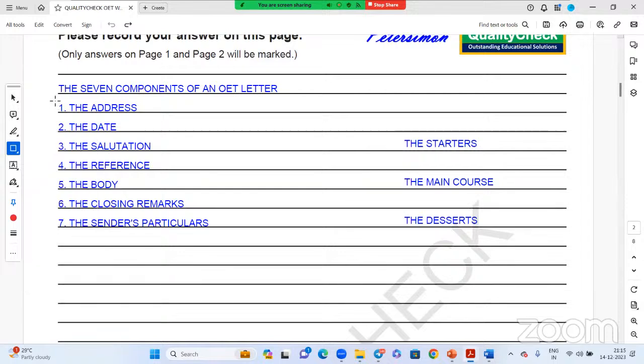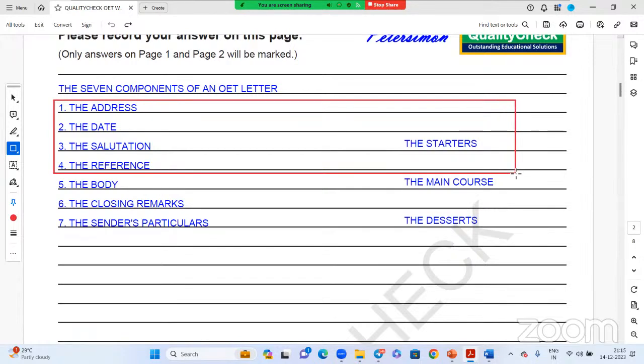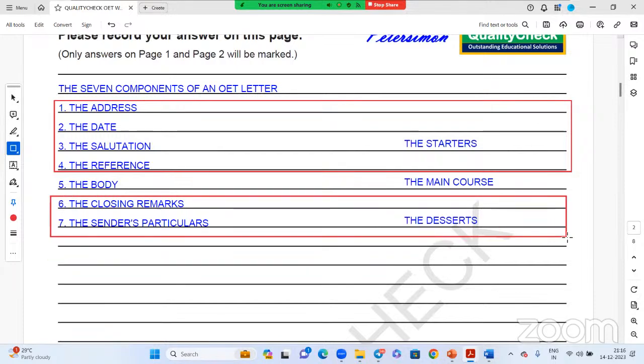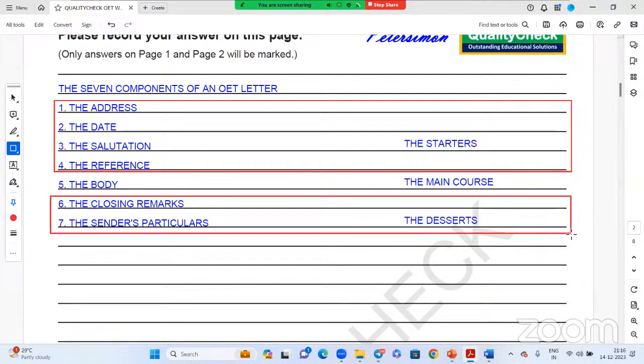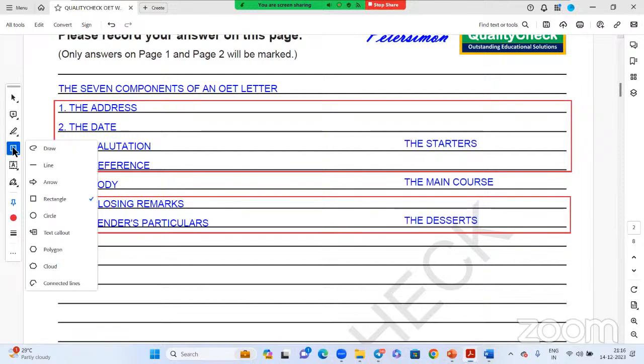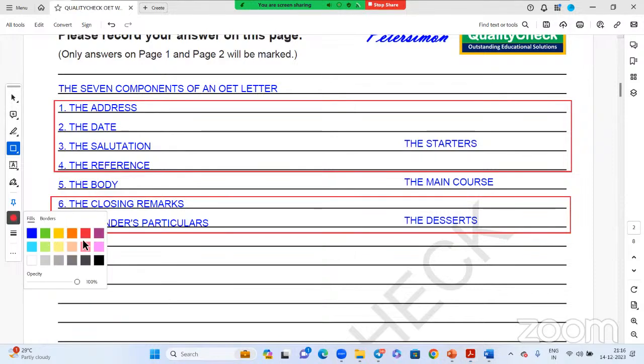So these first four things we can take as starters. We can separate these as starters. Then the last two are called the desserts. And this is the main course, that is the most important thing.